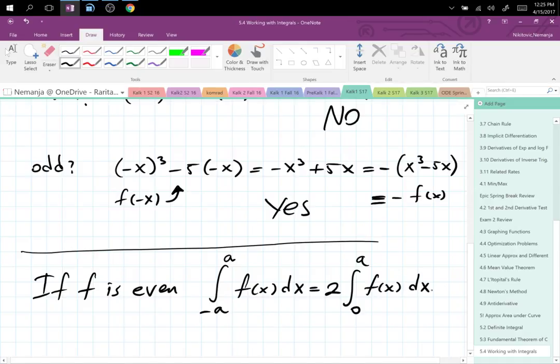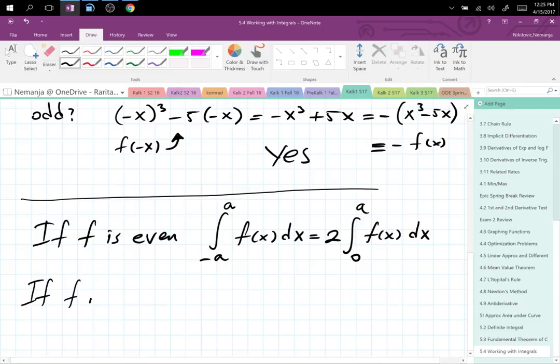This helps because it's much easier to multiply by 2 than to plug a negative value into the entire function and compute over that. It's much easier to compute with 0. So if f is even, you are allowed to do that.